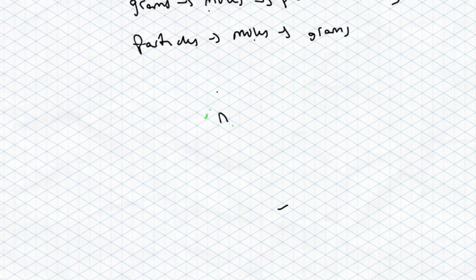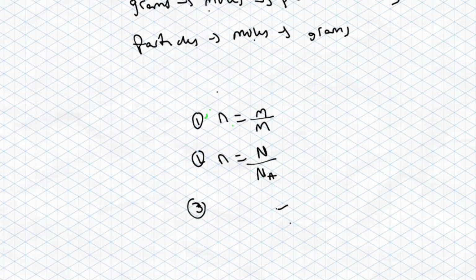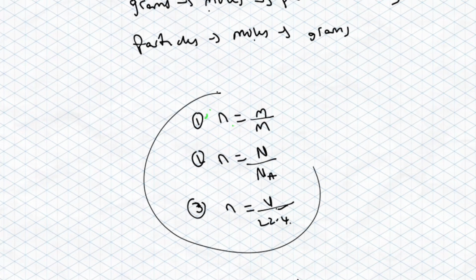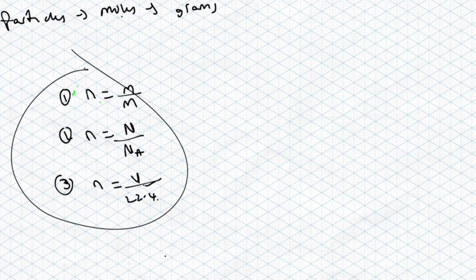The first formula, n is equal to m over M. The second is n is equal to N over NA. The third one is n is equal to V over 22.4. And you can now easily convert from mass to mole and to particles, and from volume to moles to particles, and all of that. So with this, you've covered 70% of chemistry calculation.